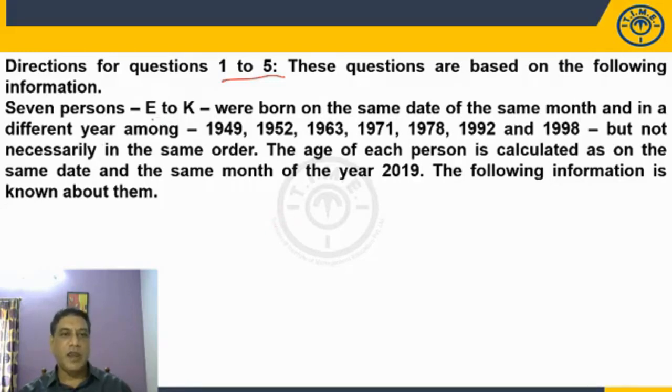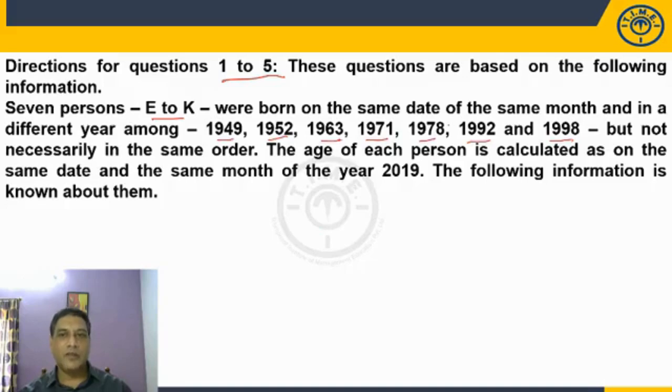7 persons E to K were born on the same date of the same month and in a different year among 1949, 1952, 1963, 1971, 1978, 1992 and 1998.